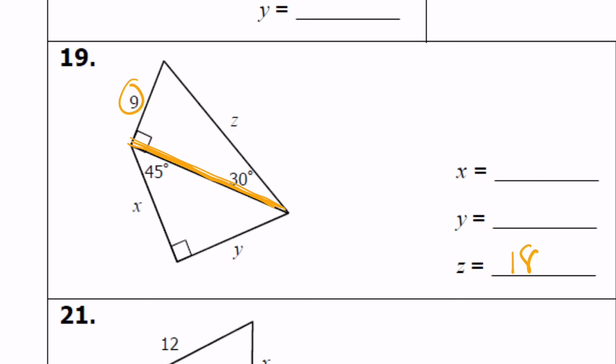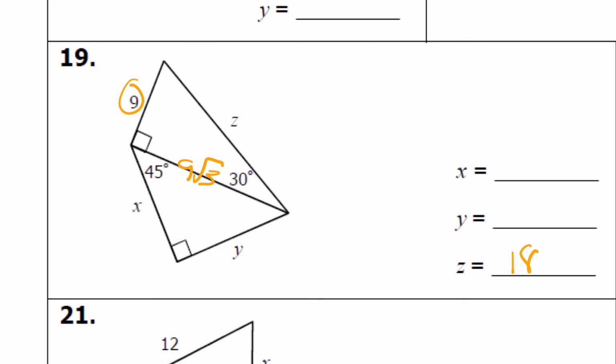But because these 2 triangles are connected, this long leg on the 30, 60, 90 is the hypotenuse of the 45, 45, 90. I can find that. Because my short leg is 9 on my 30, 60, 90, that means this leg is 9 times the square root of 3. Okay? So now I can use this to find x and y.